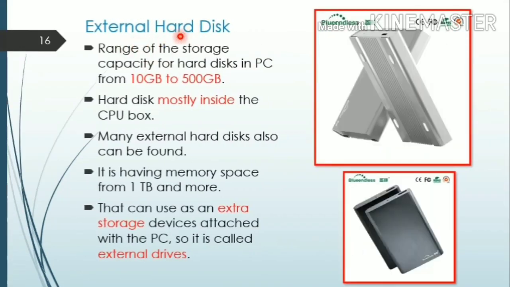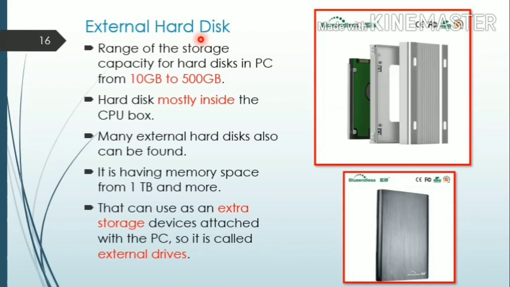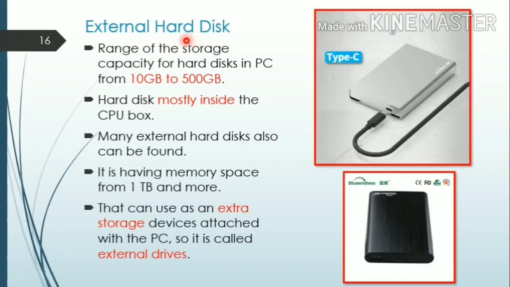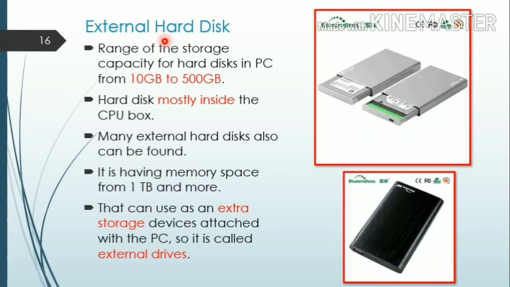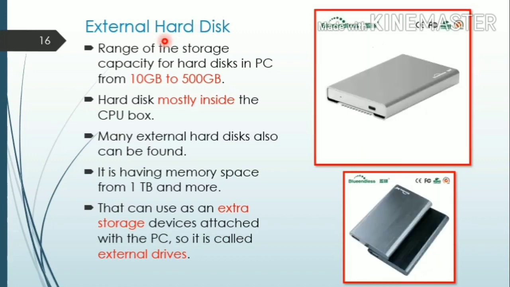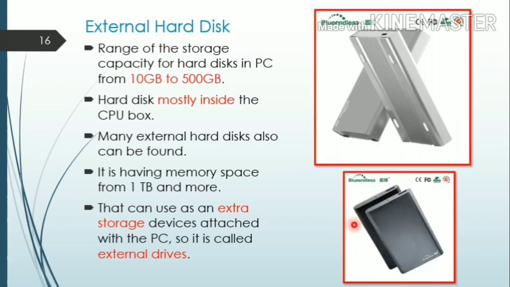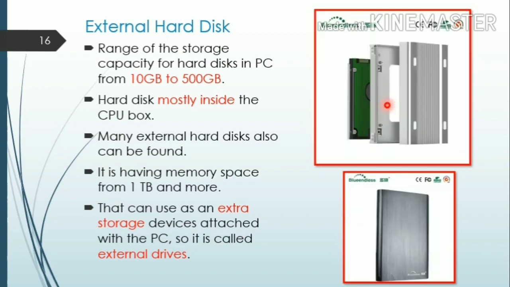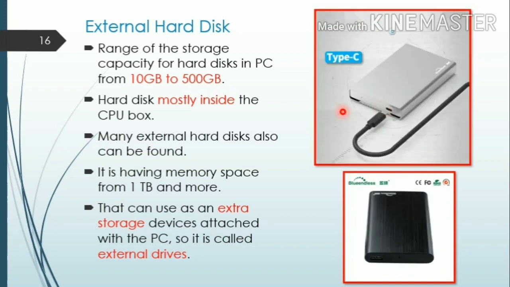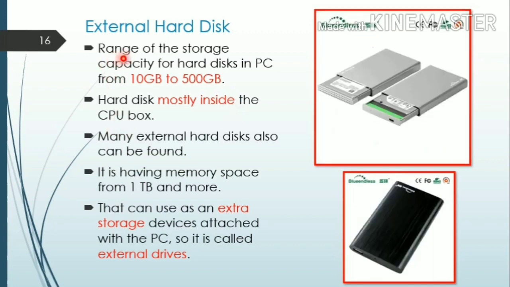Now the external hard disk is the same as the hard disk we discussed in the previous slide. A hard disk is generally fitted in the CPU box, but the external hard disk you are watching on this screen can be attached to a PC with USB.